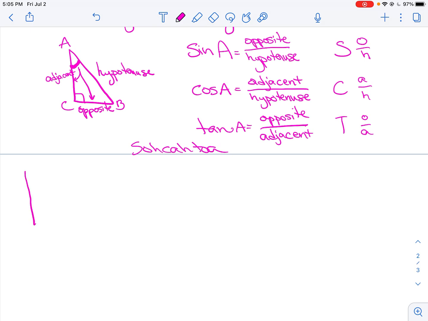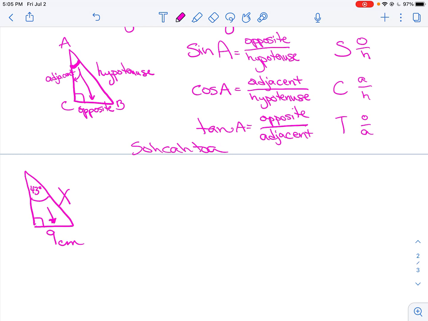So I'm going to draw this right triangle. I know it's not pretty. I'm going to say that this angle is 43 degrees. I'm going to say that this is 9 centimeters long, and I want to find the hypotenuse. Okay, so this is across.